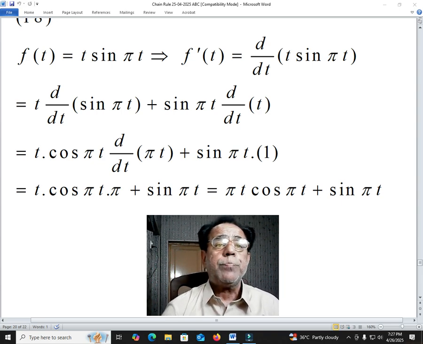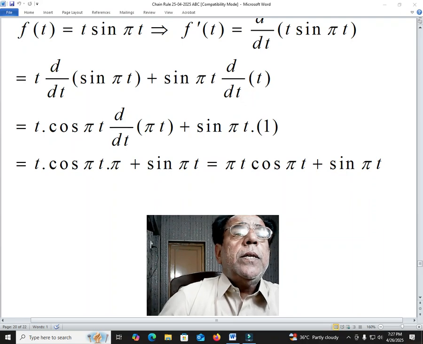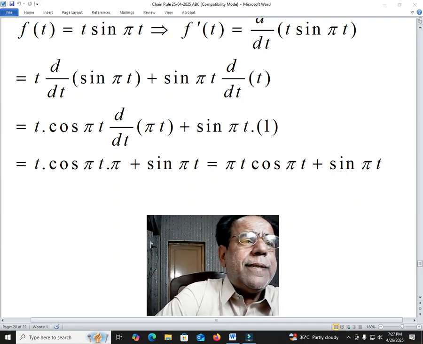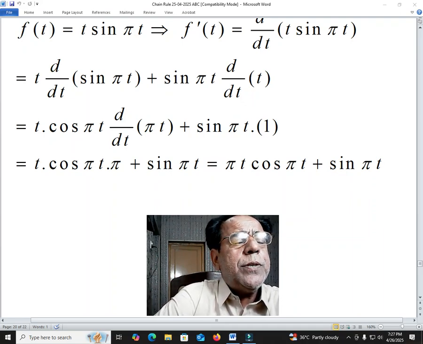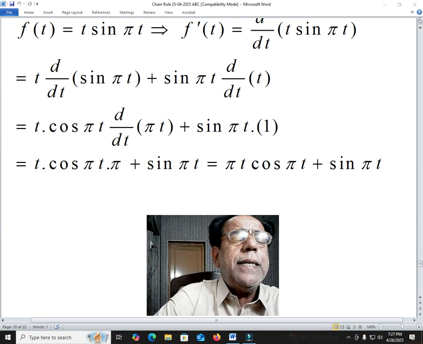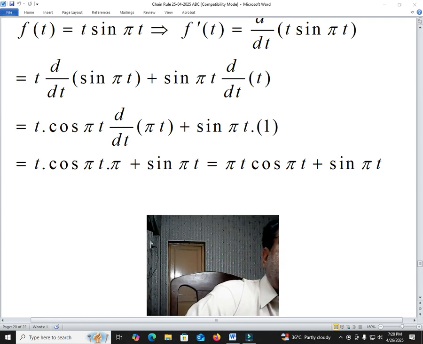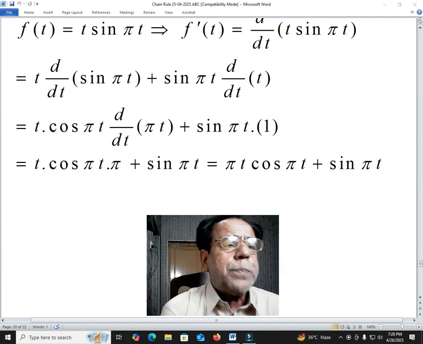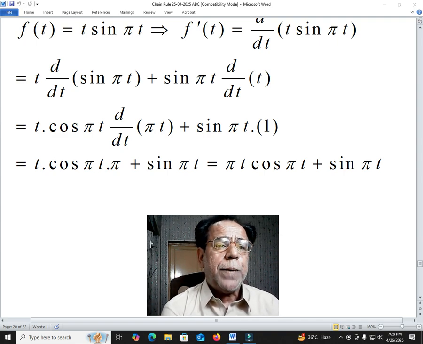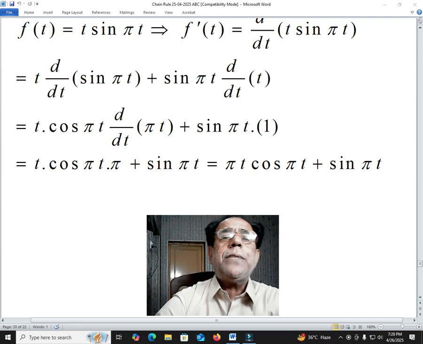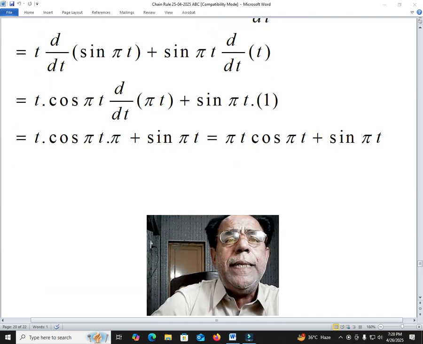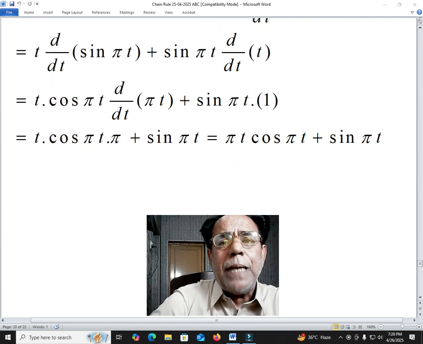Okay, so using these properties, our next step will become t into cos pi t into d over dt of pi t plus sine pi t into 1, because the differentiation of t with respect to t will give a unity result. Okay, so next step will become t into cos pi t into pi plus sine pi t, and this will alternatively become equal to pi t cos pi t plus sine pi t.